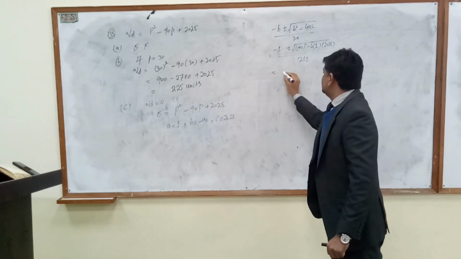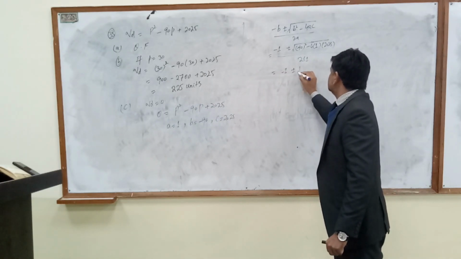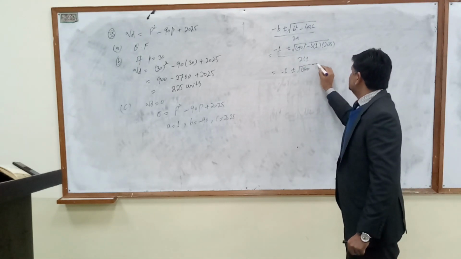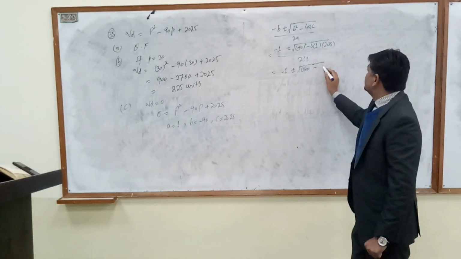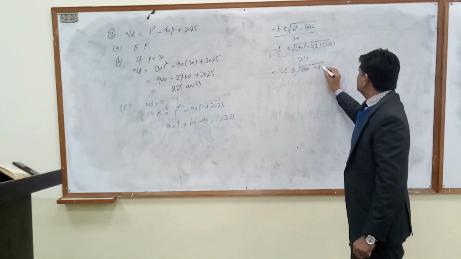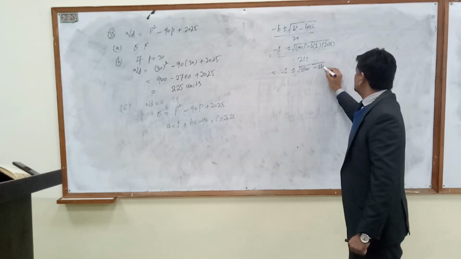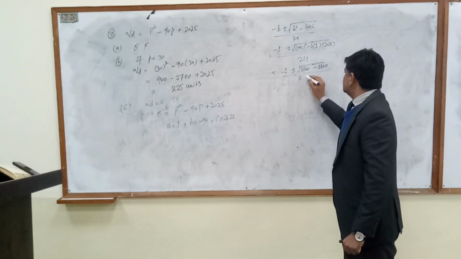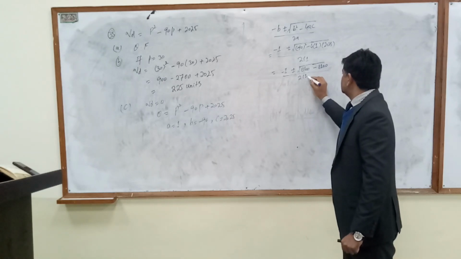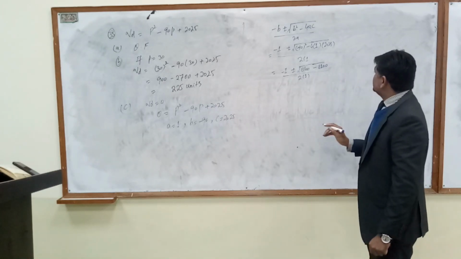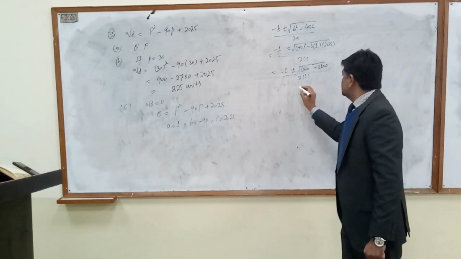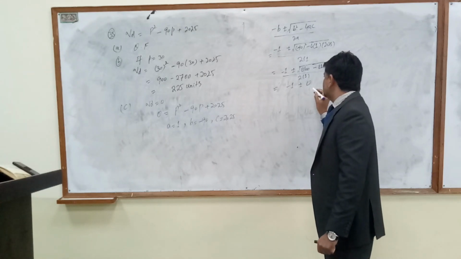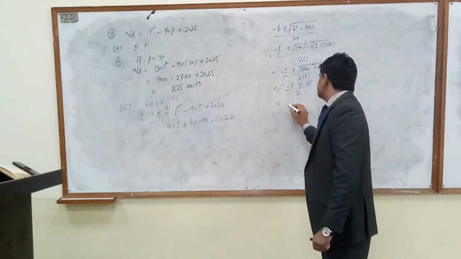So minus 1 plus or minus, 90 square is 8100, minus 8100, divided by 2A. Okay, so the values are the same. Then minus 1 plus or minus 0 square divided by 2 is minus 0.5.